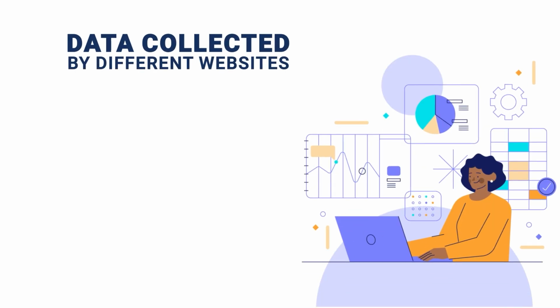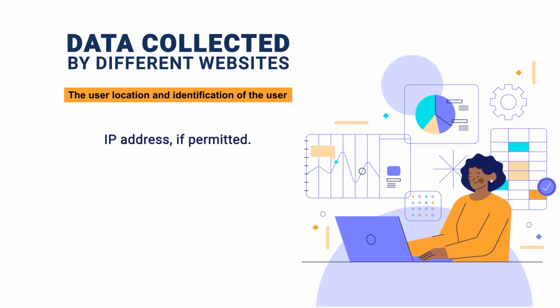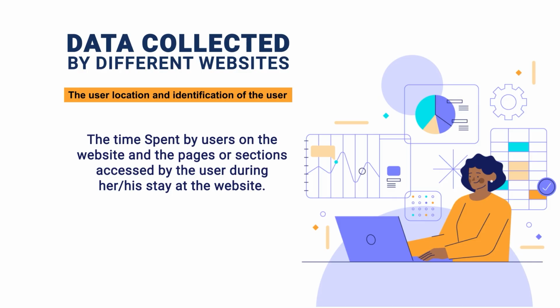Then how is the data collected by the websites? The data collected by different websites includes the user location and identification of the user, for example, the IP address of the user if permitted, the time spent by the user on the website, and the pages or sections accessed by the user during his or her stay at the website.